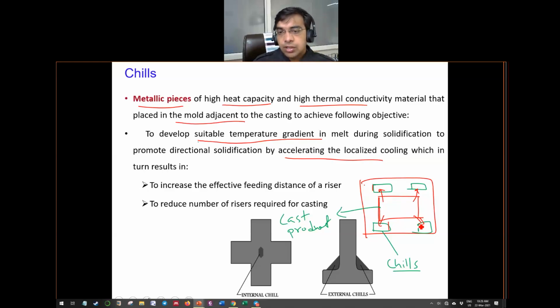Directional solidification is the pattern of solidification where the riser solidifies last, and the rest of the casting solidifies before the riser. This also increases the effective riser feeding distance, so the number of risers in the casting is reduced.